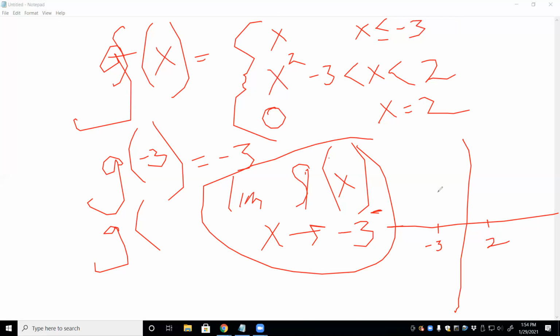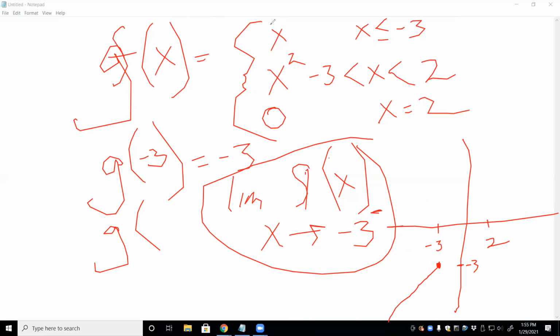So I know that it goes from there, a straight line, it's linear, closed dot. Hold on, I've drawn it incorrectly. What is g of -3? Well, we know that g of -3 is -3. So that's -3 right there, and it's linear because it's y equals x.